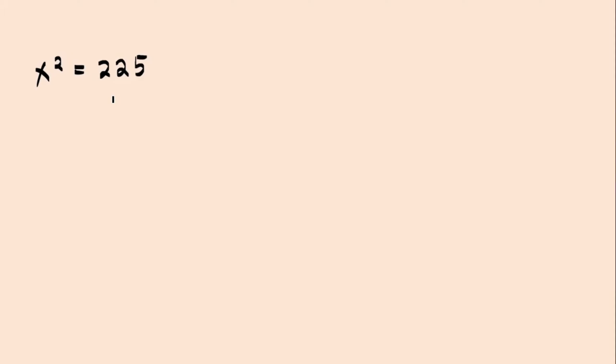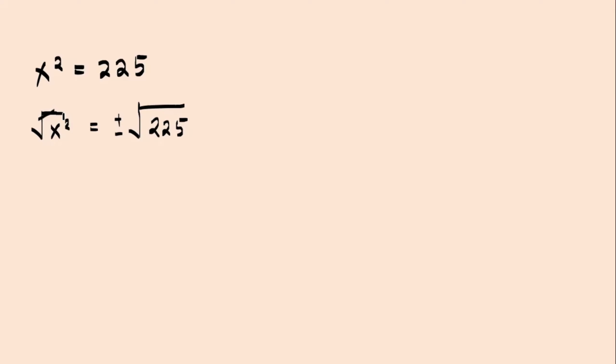So x squared is equal to 225. Okay, so again, just simply get the square root of both sides. So we have the square root of x squared is equal to positive, negative, kunin ang square root ng nasa right-hand side. So square root of 225.